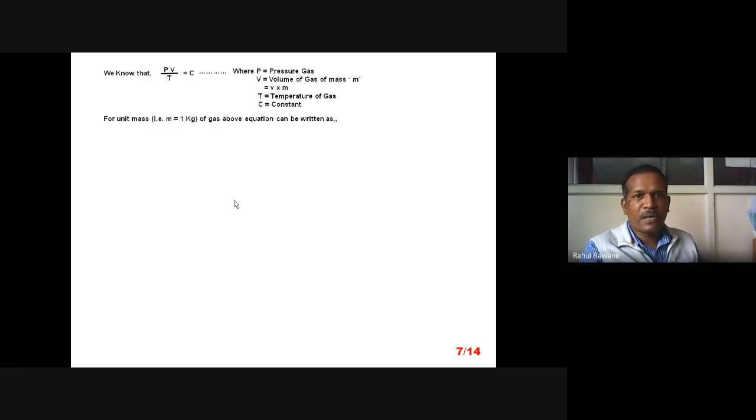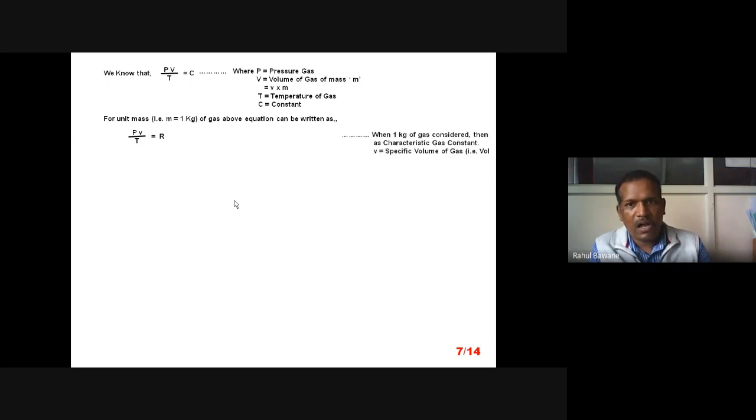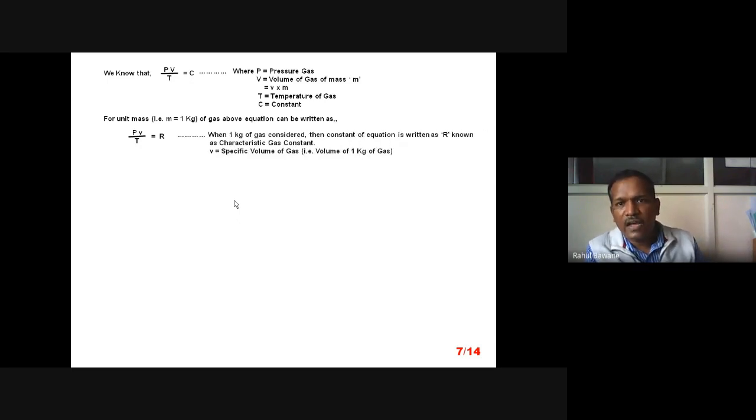Now for unit mass, where mass is 1, we can say PV, but this V is the specific volume. So P times specific volume divided by temperature is equal to R. In this case, when we are talking about unit mass, the constant C is replaced by capital R, and this capital R is known as the characteristic gas constant.